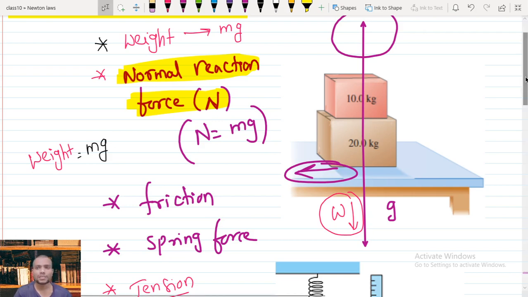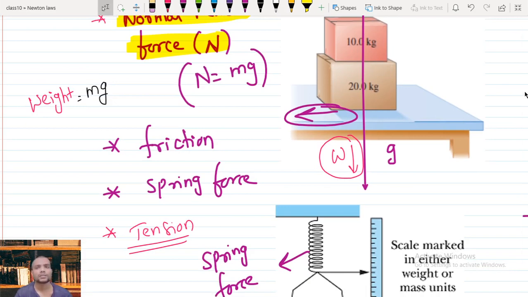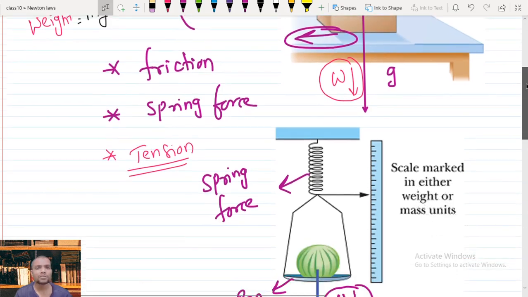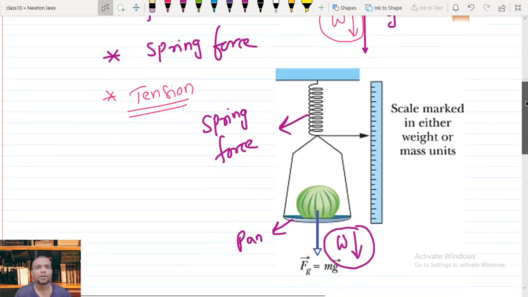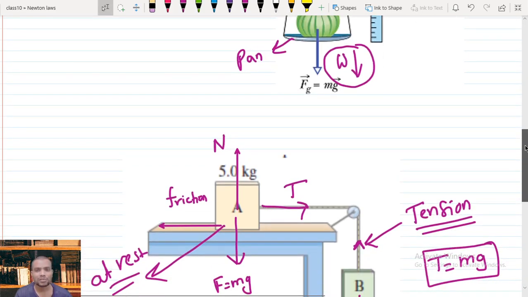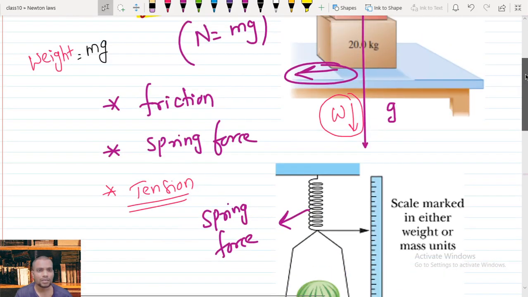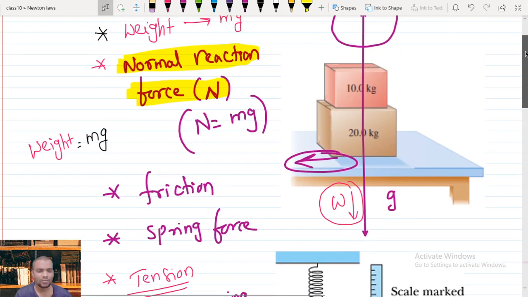The next one is friction. Friction is a force which comes between two surfaces. When you take springs into consideration, that force is known as spring force. But when you tie up with a rope or thread, there is one more force, known as tension. So these are the common forces we will deal with in this chapter.